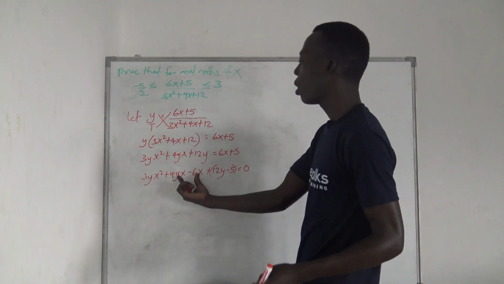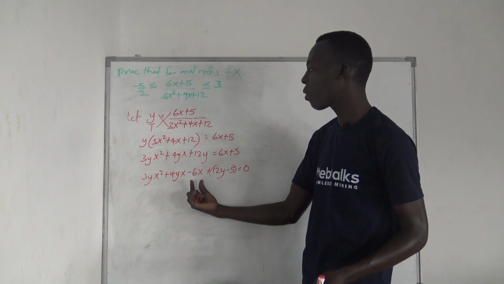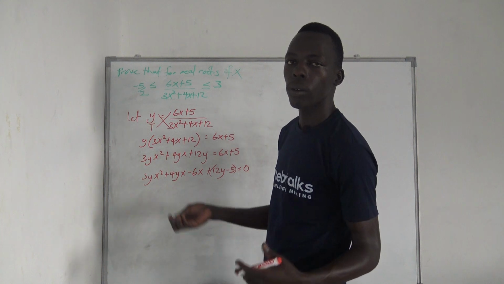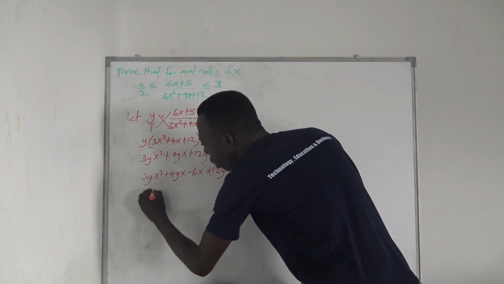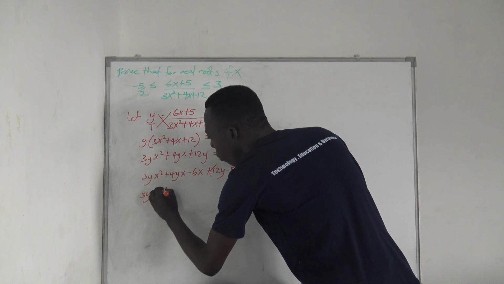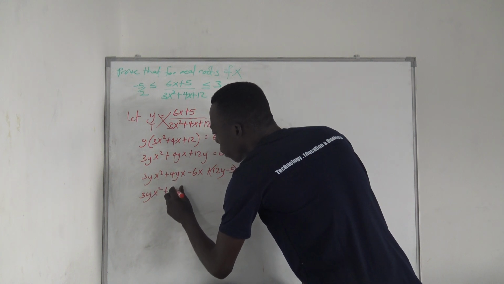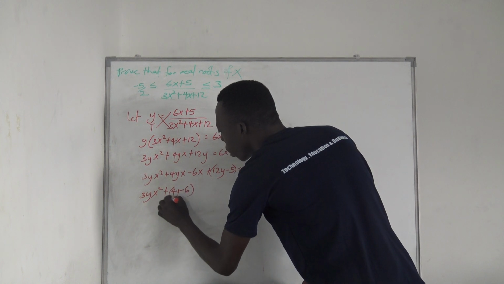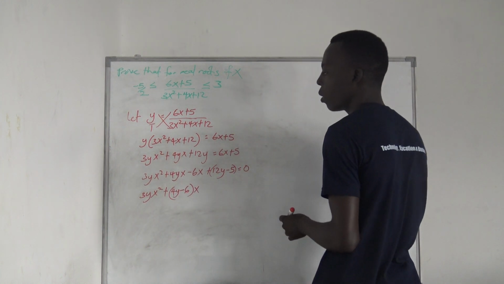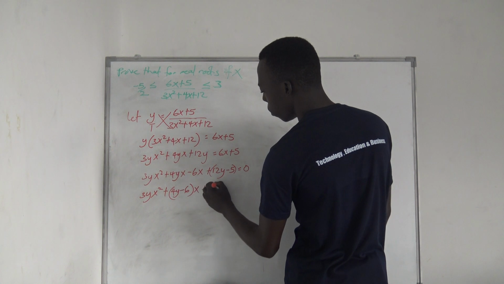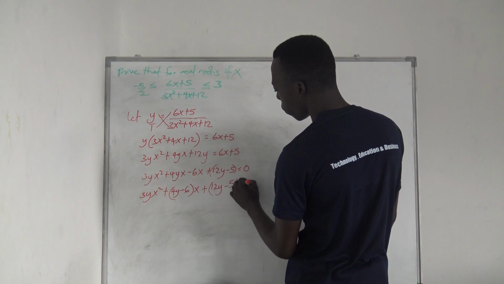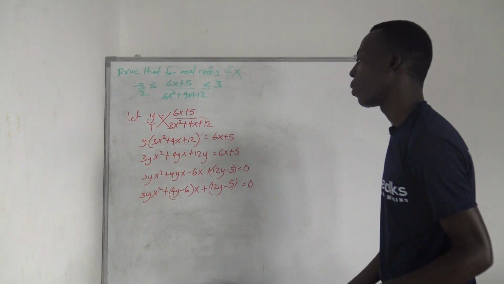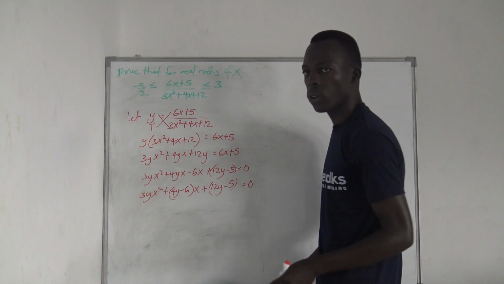So here we have 4yx minus 6x. What we do is factorize out the x. So it becomes 3yx² + (4y − 6)x + (12y − 5) equals 0.